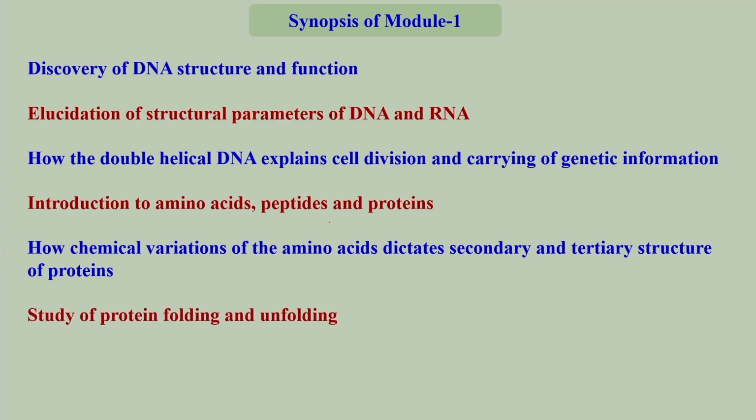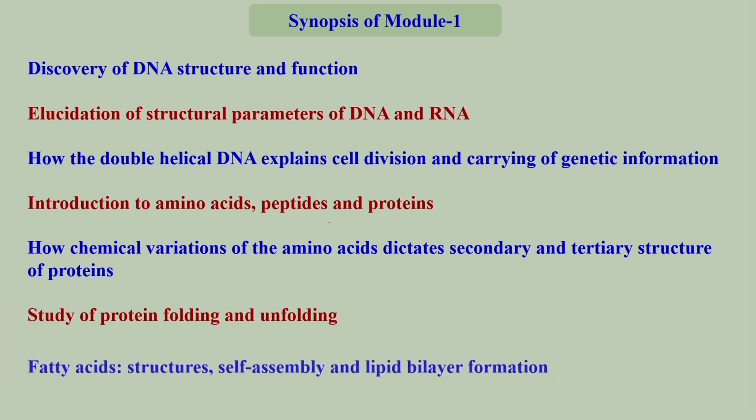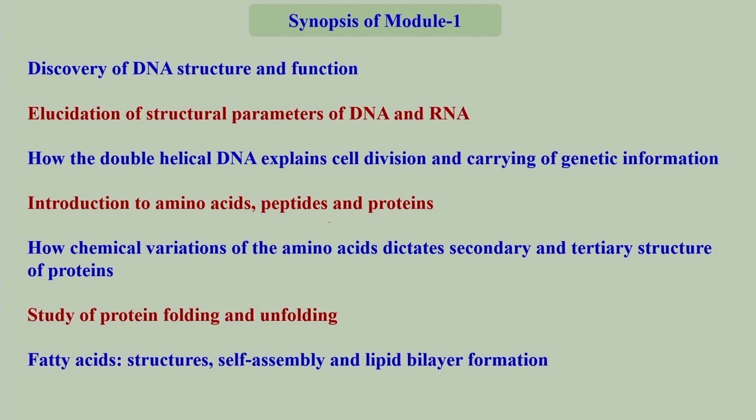And now today we have seen how the protein folding and unfolding occurs. Finally, we saw the structure of the fatty acids, the self-assembly and the lipid bilayer formations that form a major constituent of our cell membrane.